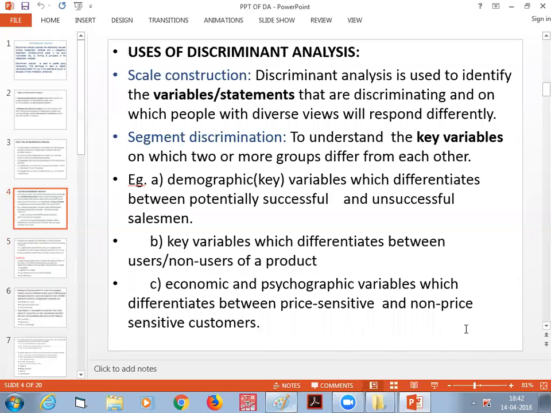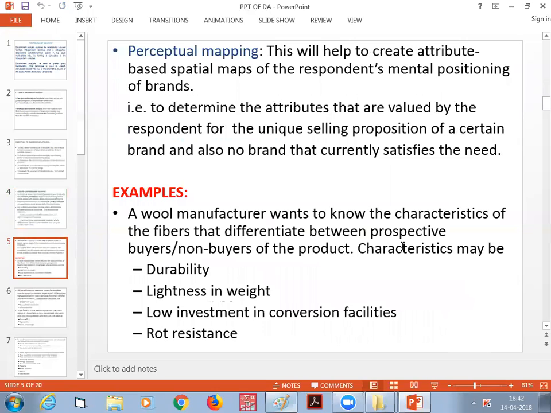Okay. So this is an example. Some more examples I will show later. The next type of classification, the third type of use of discriminant analysis, is perceptual mapping. What is perceptual mapping? This will help to create attribute-based spatial maps of the respondents' mental positioning of brands.